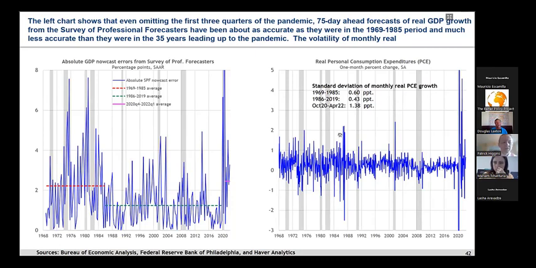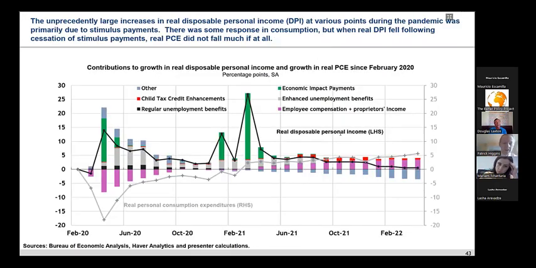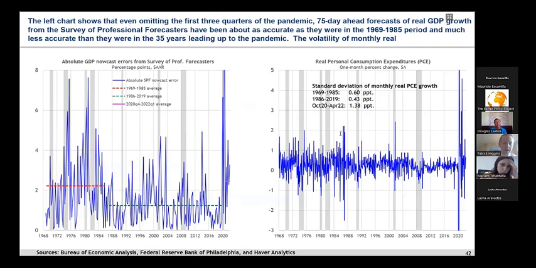You can see the average errors used to be 2 percentage points plus for the first GDP growth estimates. When the Great Moderation happened, it went down to a little more than 1 percentage point. And now, even if you throw out those 3 crazy quarters at the beginning of the pandemic, it's still a lot higher. These SPF forecasts still have higher forecast errors than they did prior to the pandemic, even though there hasn't been a recession in the last 5 quarters.